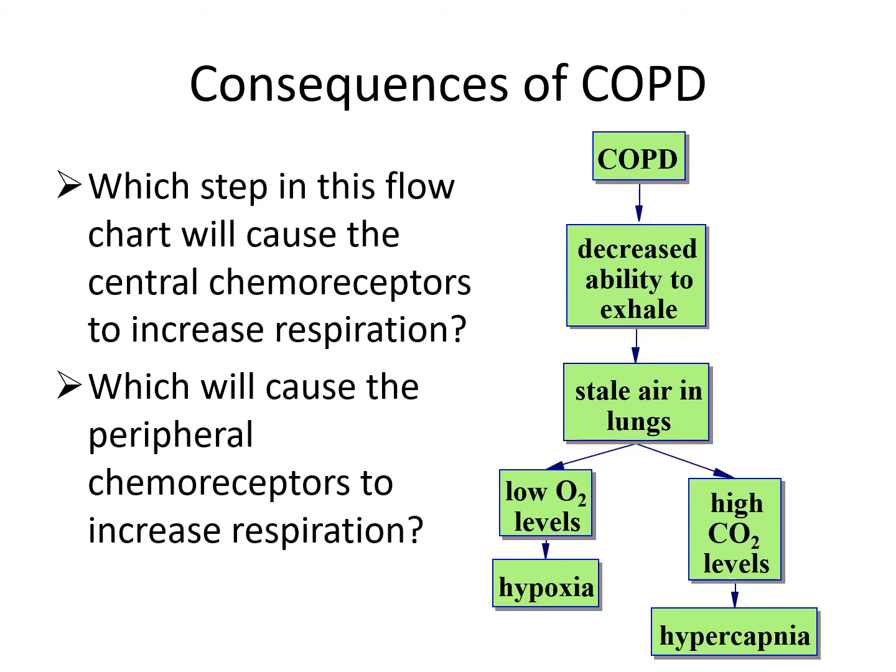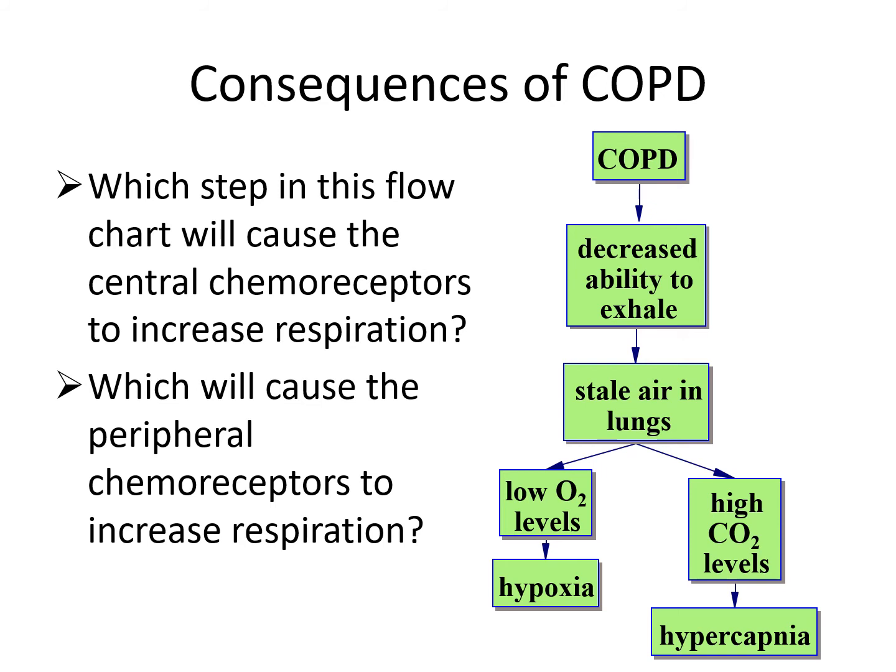So let's go back to our physiology. If we remember, we've got two areas in our body that have chemoreceptors that sense respiratory gases. One is the central chemoreceptors in our medulla, and the other is the peripheral chemoreceptors in the aortic arch and the carotid bodies.